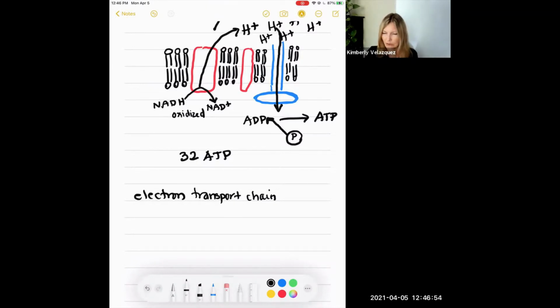That potential energy is coming from that concentration gradient. That part is called chemiosmosis. Those hydrogens coming back across. Those two together make up what's called oxidative phosphorylation.